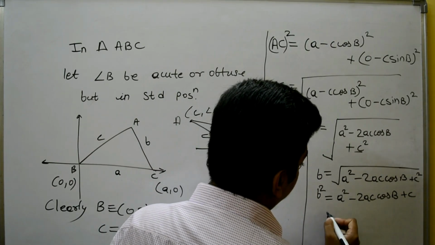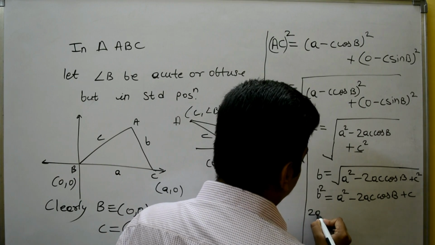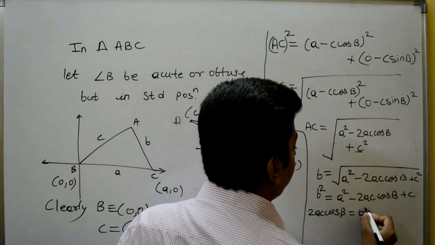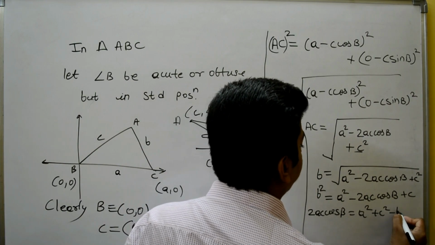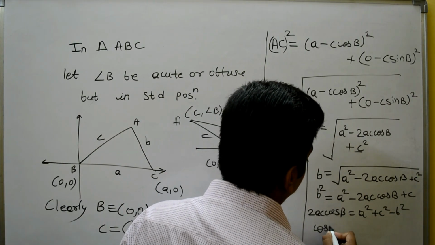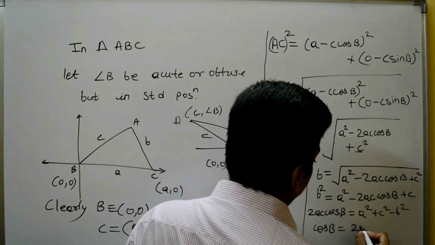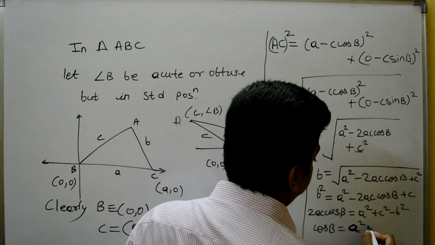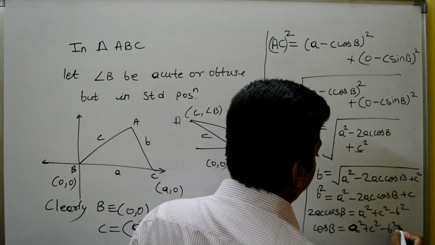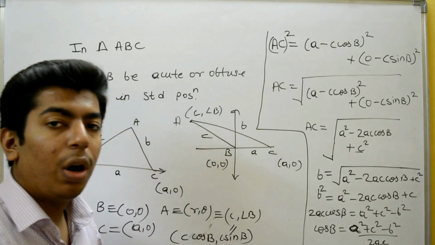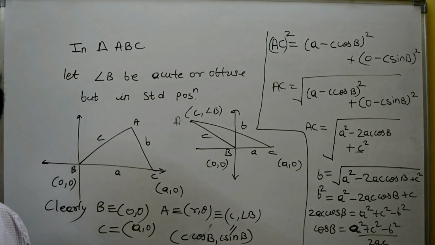So 2ac cos B is equal to a square plus c square minus b square. So cos B is equal to a square plus c square minus b square upon 2ac. This is all about cos B.